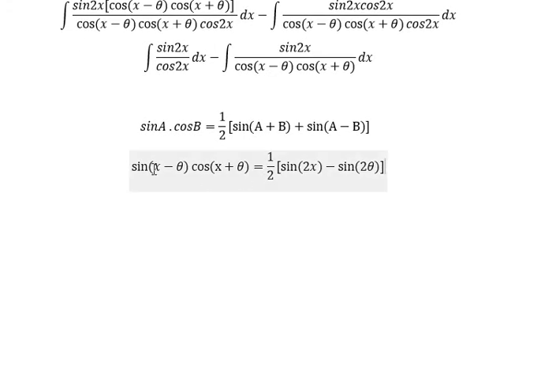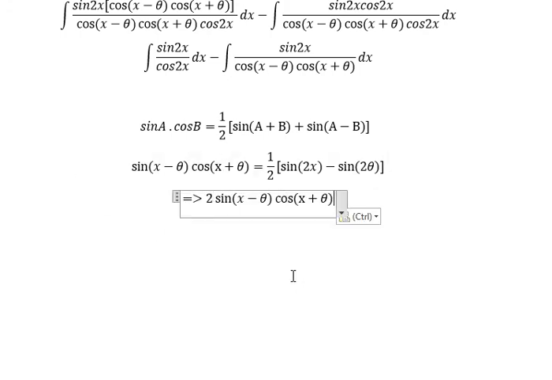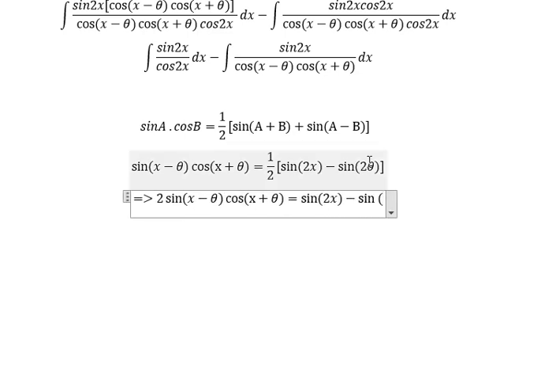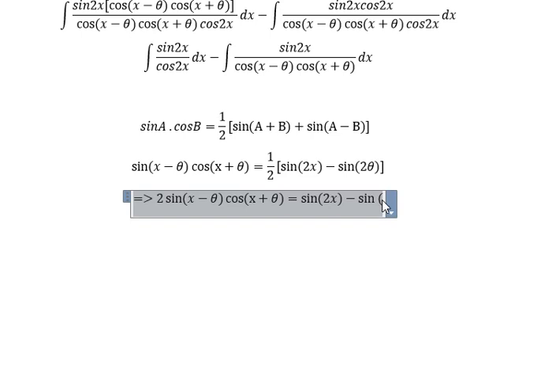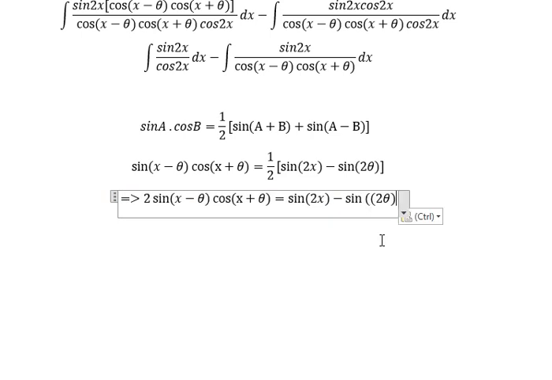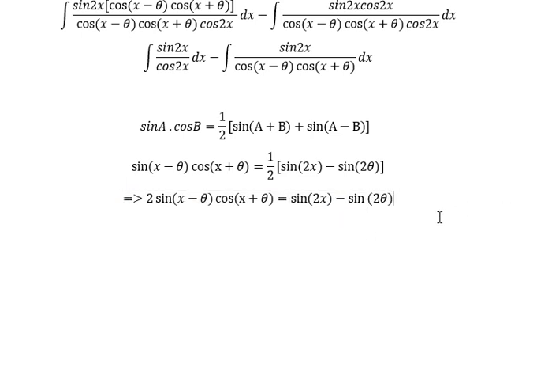Next, we multiply both sides with number 2. So we move this one in here.